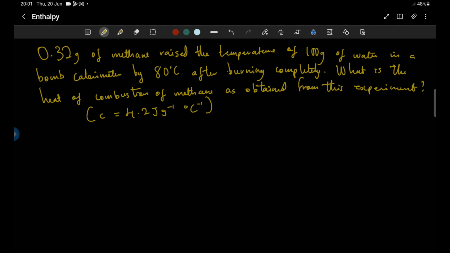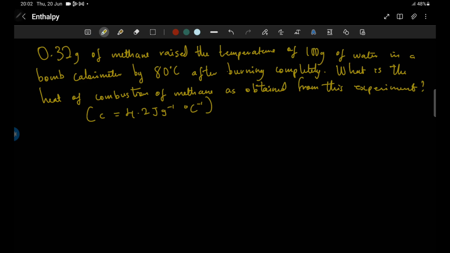So you have a question here that says: 0.32 grams of methane raise the temperature of 100 grams of water in a bomb calorimeter by 80 degrees Celsius after burning completely. What is the heat of combustion of methane as obtained from this experiment? So you have the specific heat capacity given to you.